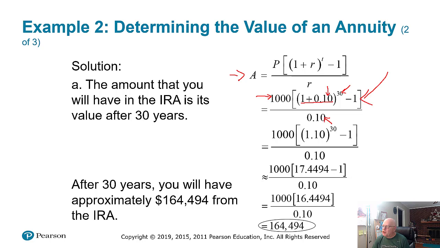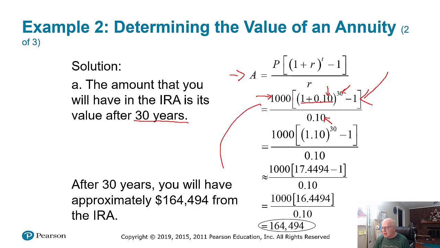Now, what can you do to figure out if you've got some kind of reasonable answer? Well, that's sort of tricky with annuities, because after 30 years, you're going to get quite a bit of interest. Of course, you're going to be putting in $30,000, so it's going to be more than $30,000. But you might be surprised how much it is.